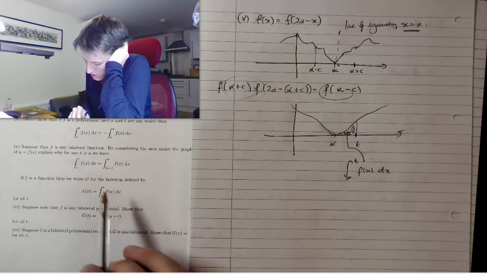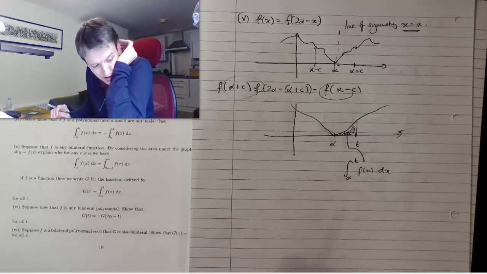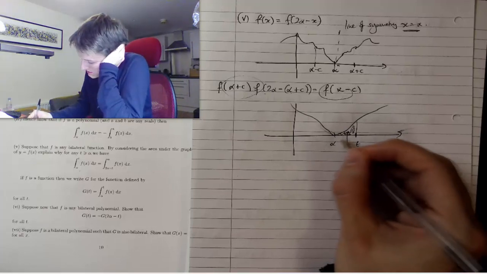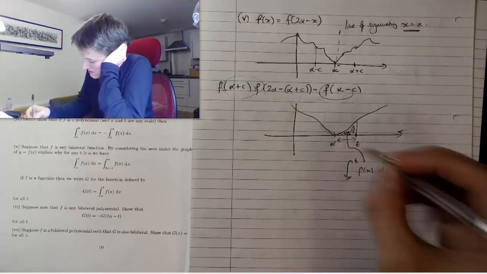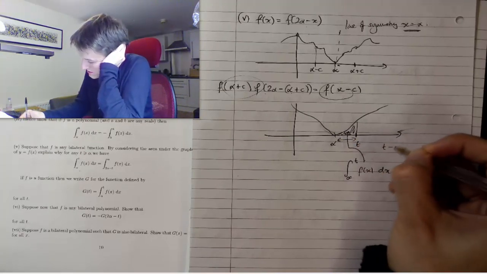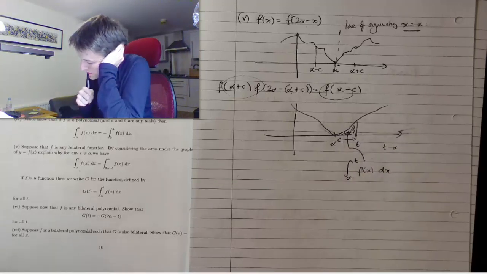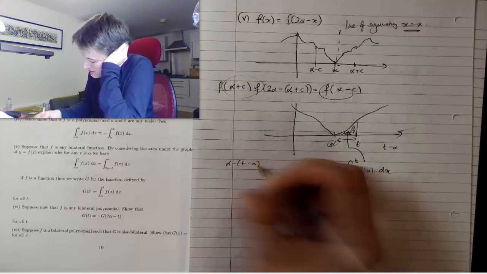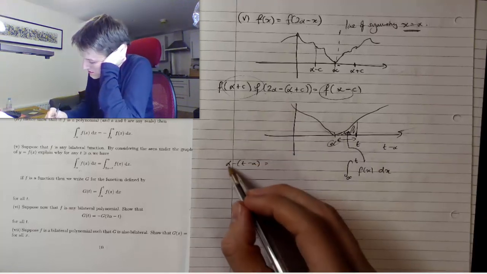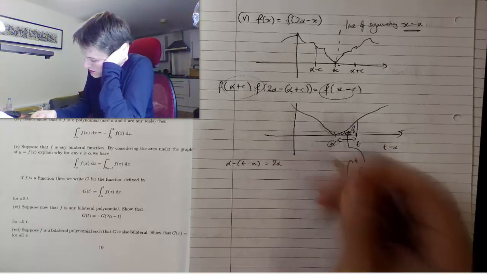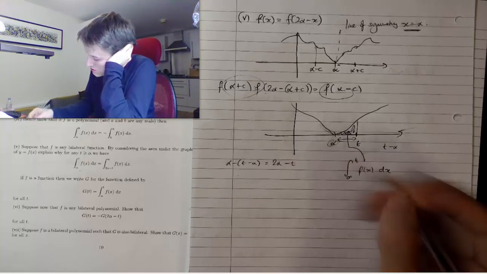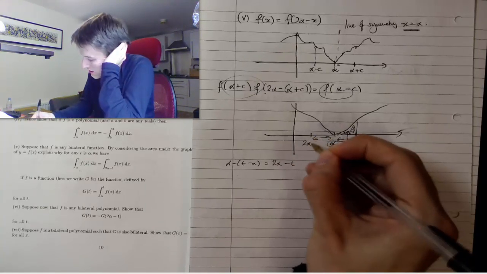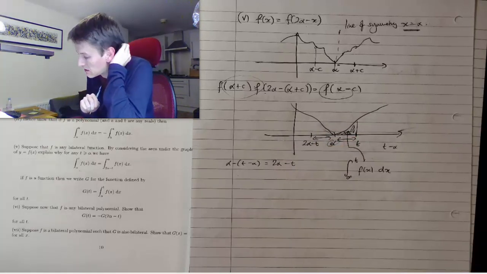And for 2 alpha minus t, well, this distance here is t minus alpha. So if I do alpha minus, t minus alpha, that's alpha minus t plus alpha, that's 2 alpha minus t. So if I go the same distance the other side here, I get to a point 2 alpha minus t.